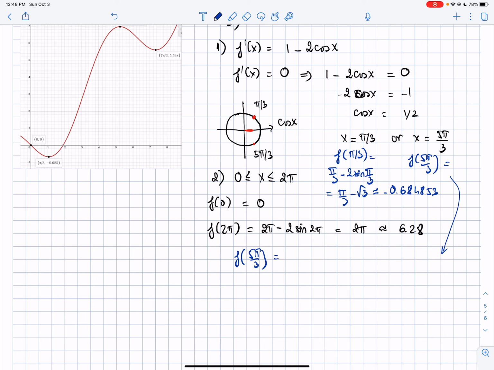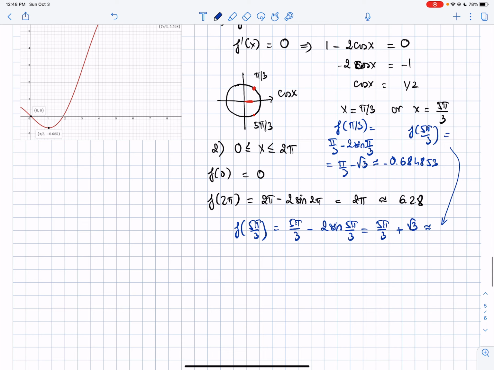Then we will have 5 pi over 3 minus 2 times sine of 5 pi over 3, and that is equal to 5 pi over 3 plus square root of 3. And using the calculator, it's about 6.968039.